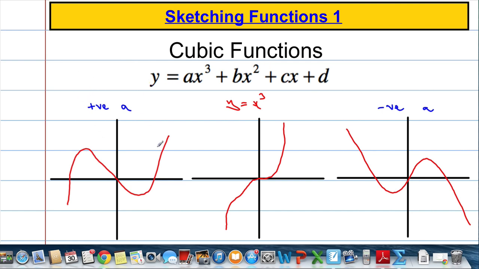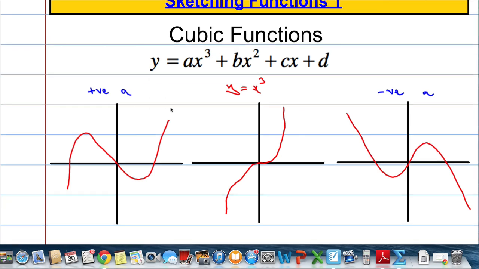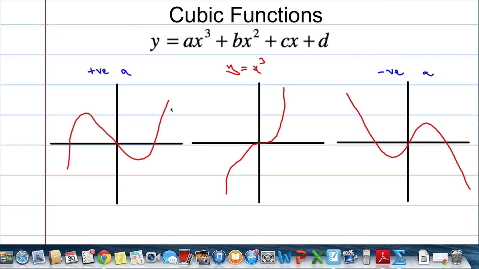And then one other thing that we need to be aware of, and this shouldn't be any surprise when dealing with cubic functions: if I let x equal 0, we get the y-intercept, or where it cuts the y-axis.